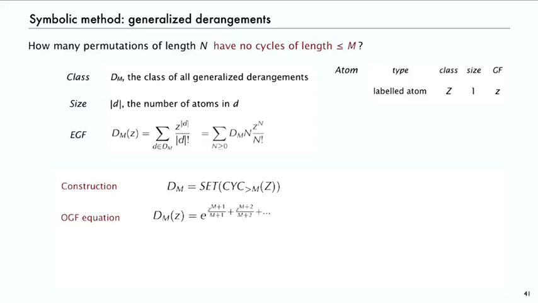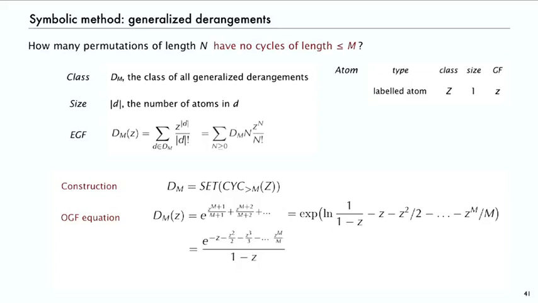So it's the same series, now starting at z to the m plus 1. Or that's log of 1 over 1 minus z, minus z, minus z squared over 2, all the way up to z to the m over m. Simplifying that, we have e to the minus z minus z squared over 2 minus z cubed over 3, and so forth up to z to the m over m, all over 1 minus z. That's the generating function that we get immediately from the symbolic method.